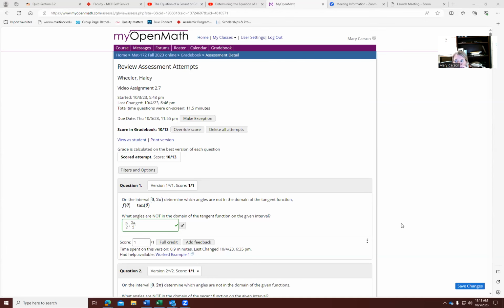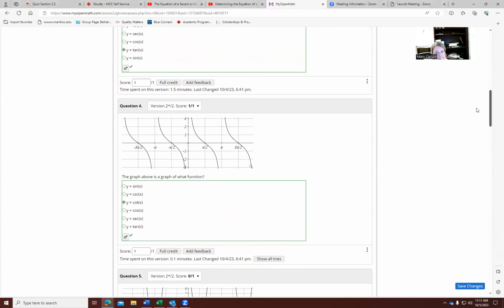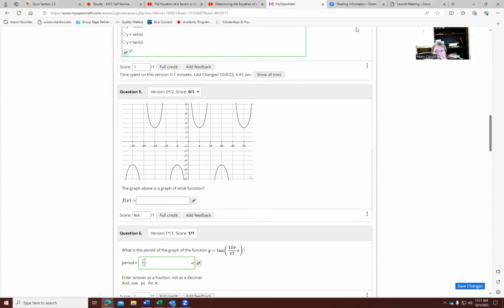All right, so here's your other one. And I think the main ones that you were struggling on again is finding the equations, which are more difficult, I will say. All right, so here's the first one that I looked at.